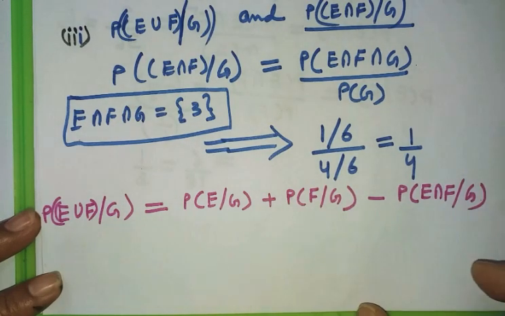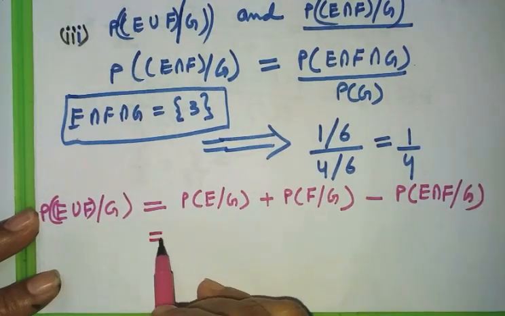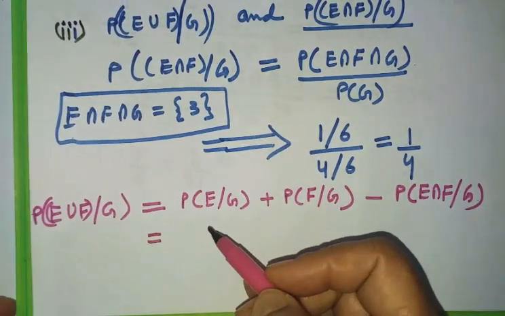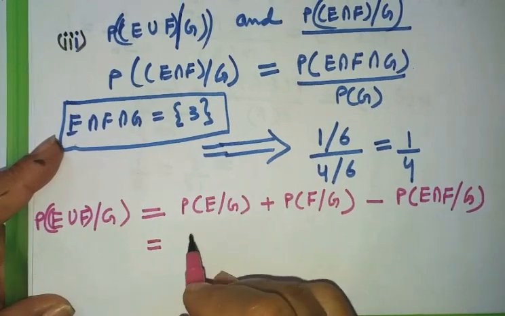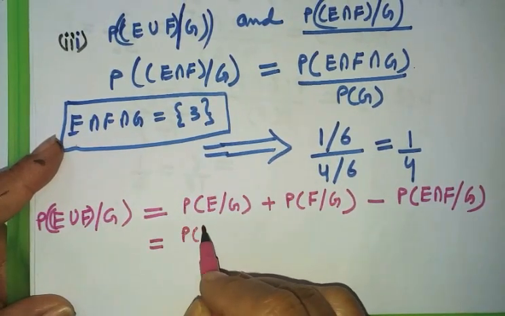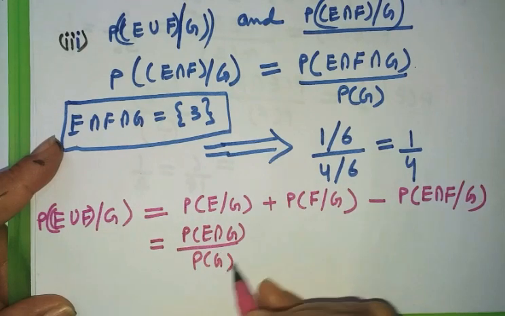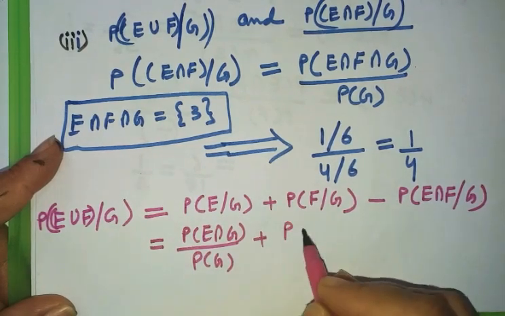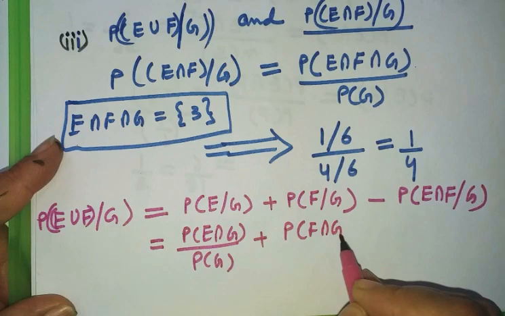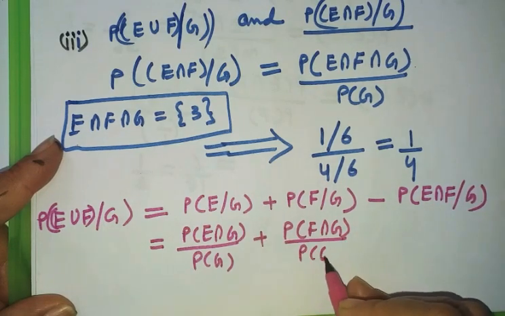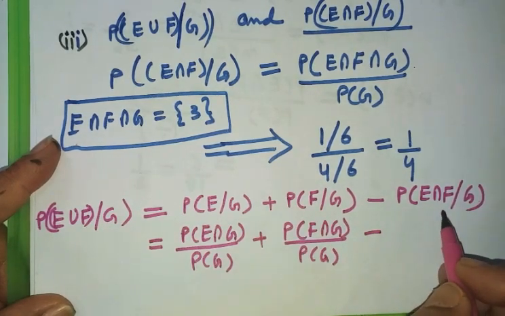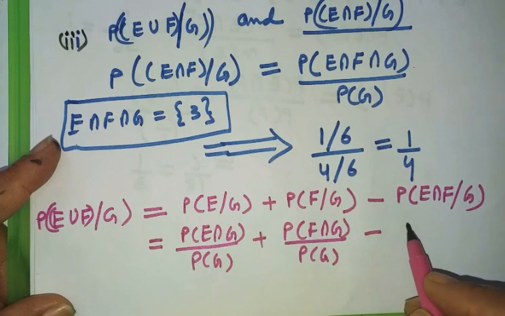So now we have to calculate the conditional probability of E by G. This we very well know. This is equal to probability of E intersection G upon probability of G. Similarly, F by G is equal to probability of F intersection G upon probability of G, and the probability of E intersection F by G I have already calculated to be 1 by 4.